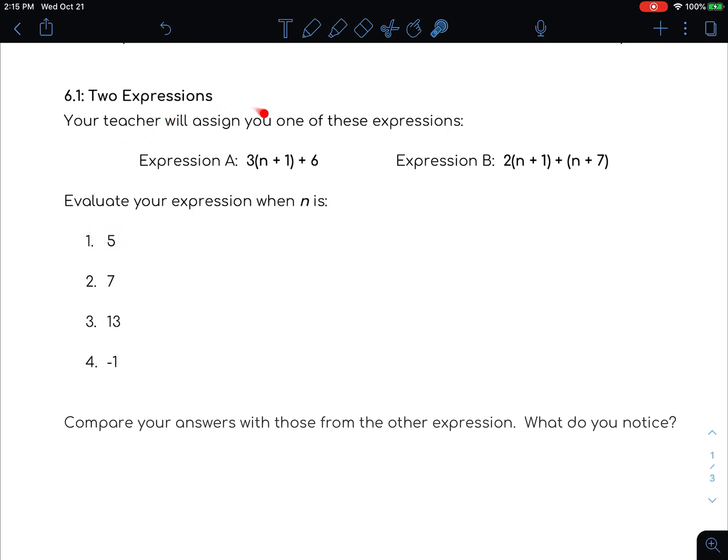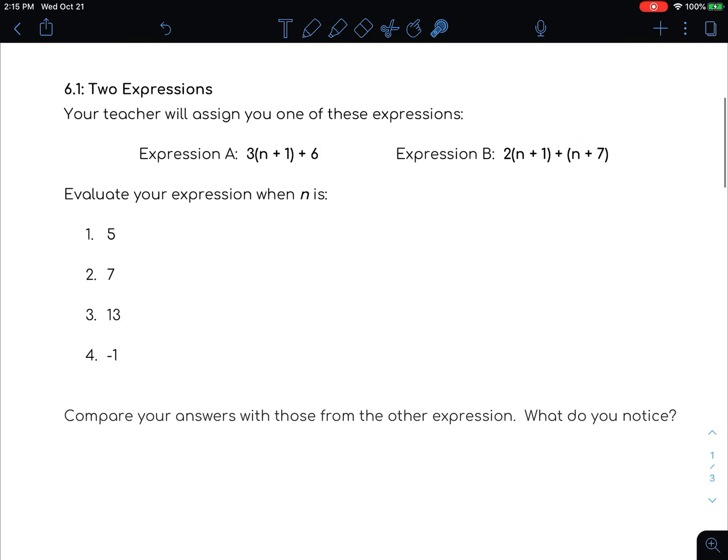So if we put 5 in for n for expression A and then 5 in for n in these two places in expression B, then we're going to put 7 in for n in expression A and 7 in for n in expression B. Do the same thing for 13 and for -1.